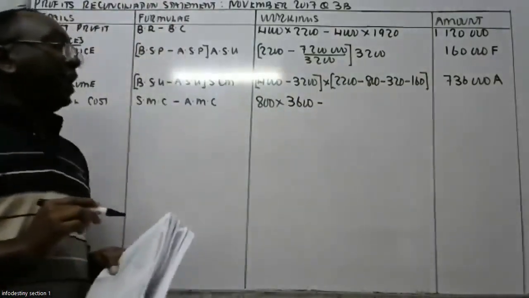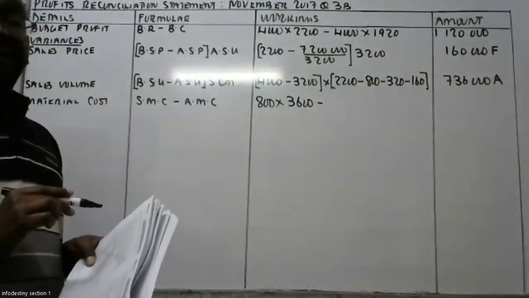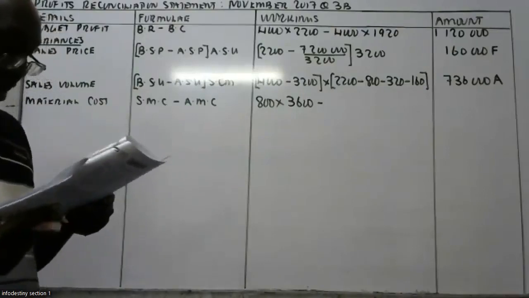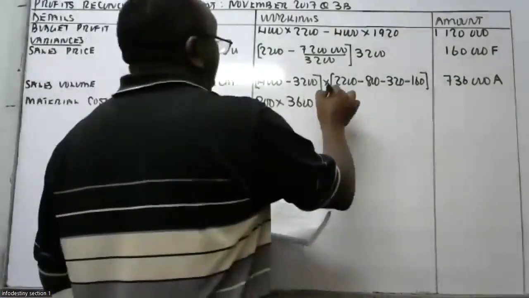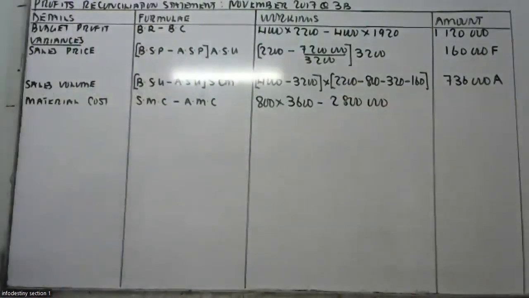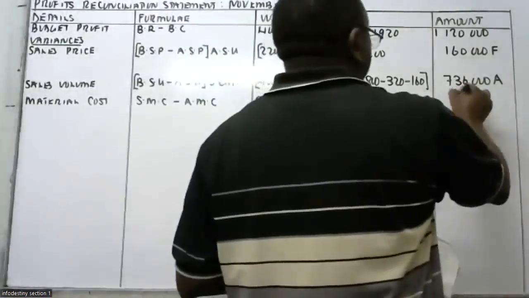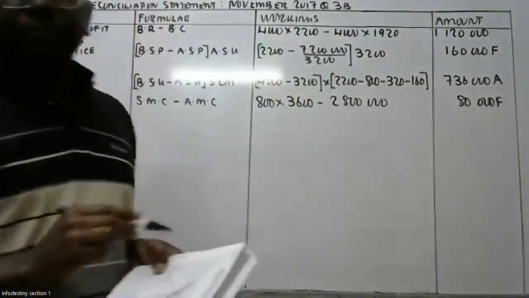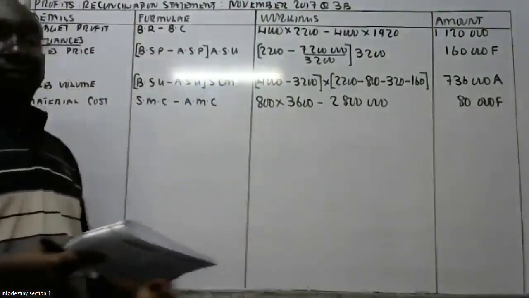So that will give you the standard material cost. The actual material cost is given down there again in information 3 as 2,800,000. So if you take your calculator, it will help you to see that 800 times 3,600 minus 2.8 million, I'm getting 80,000, which is positive, meaning my variance is favorable. This one is smaller than this.